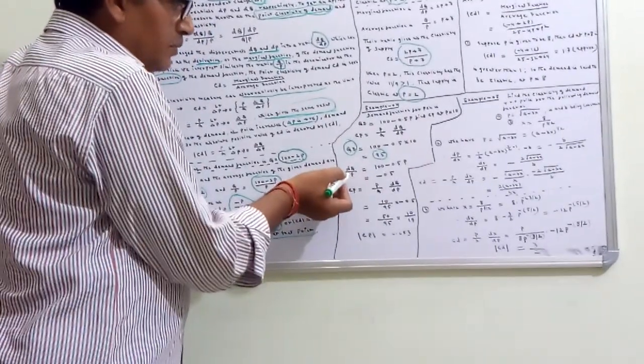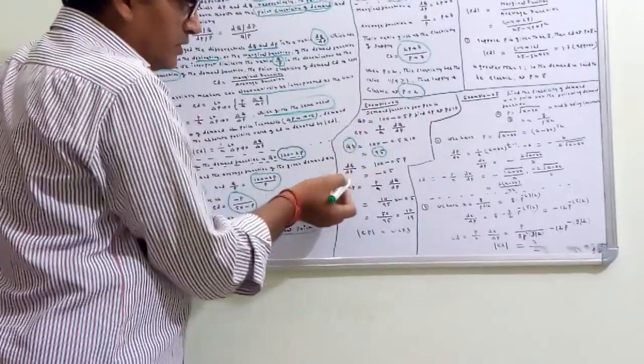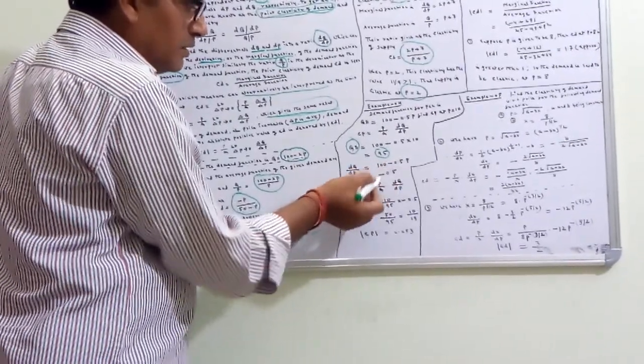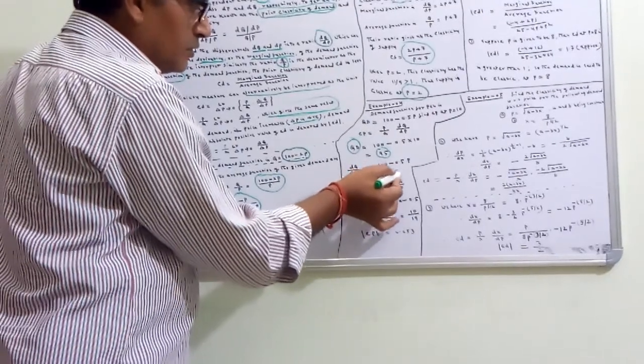Now differentiate the demand function with respect to P, 100 minus 0.5P, and differentiation of this one is minus 0.5.